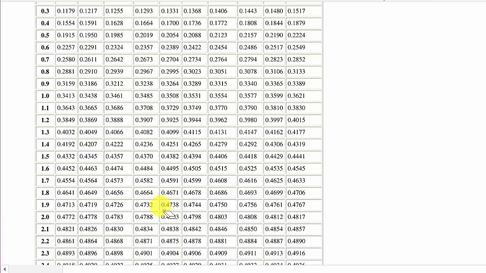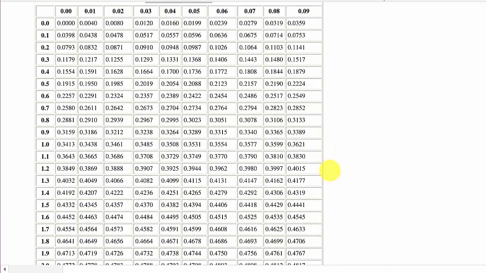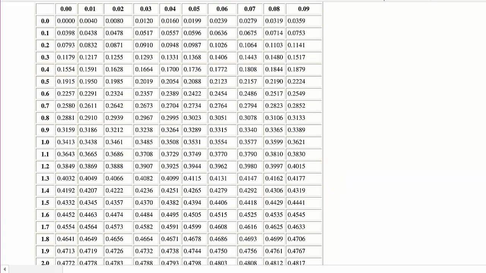So let's look up the 1.38. I've got 1.3, and there's the 8. So that is 0.4162.